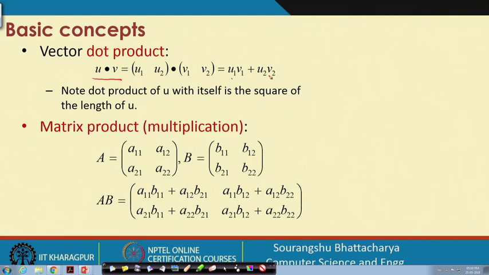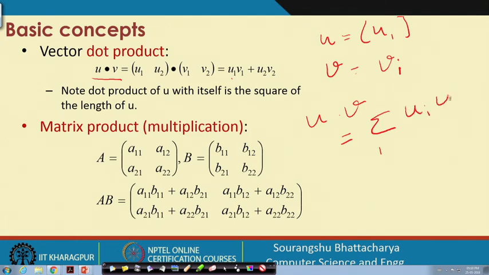So, in general, if you have a vector u with components ui and another vector v with components vi, then u dot v is equal to the sum over i of ui times vi.